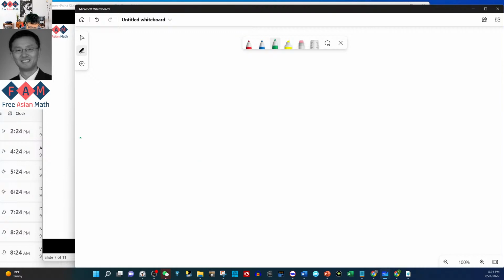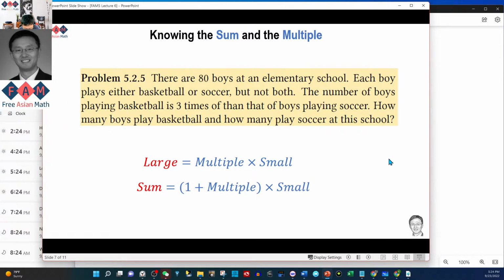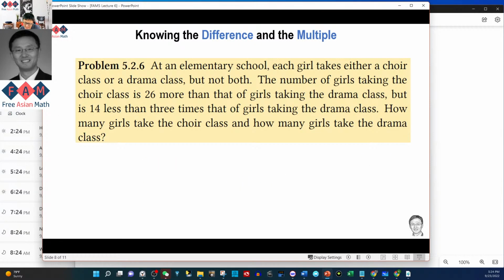Now we will go to a similar type. We just learned how to do the sum and the multiple type of problem. Now we know there's a different type. This is called the difference and the multiple. Well, conceptually very similar, but this problem takes a little bit more time to decipher. So at elementary school, each girl takes either a choir class or a drama class, but not both.